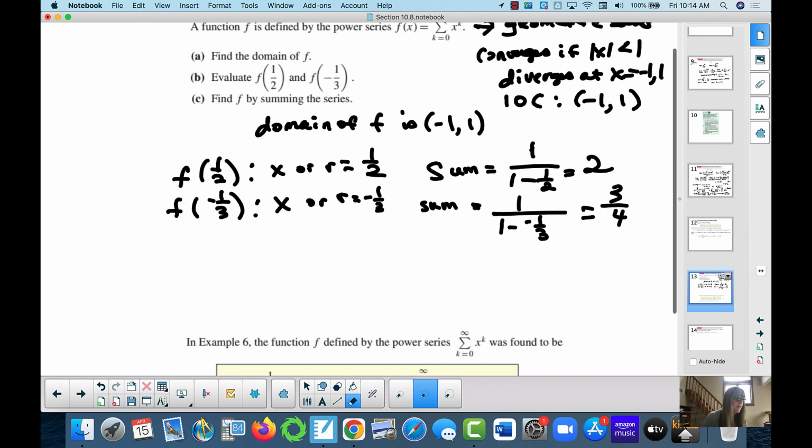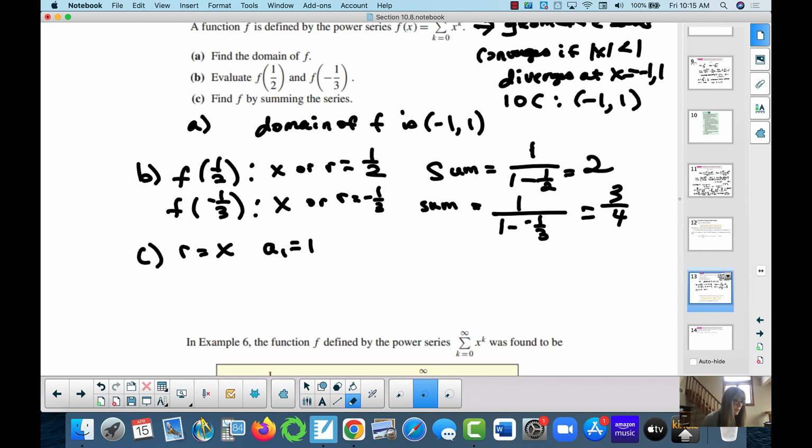So finding f by summing the series means that r is equal to x in my geometric series. So a sub 1 is always 1 in this geometric series.